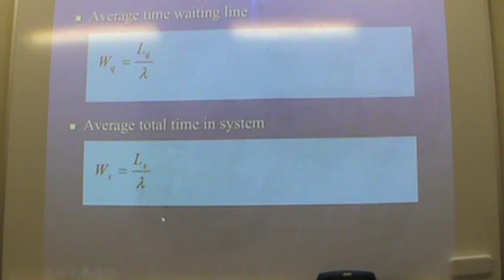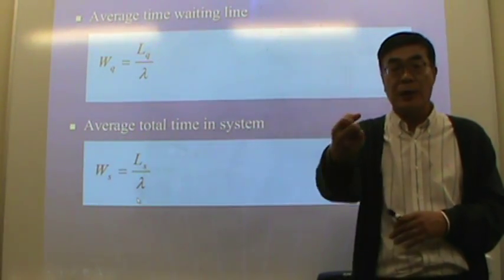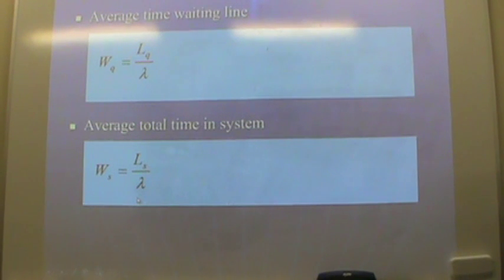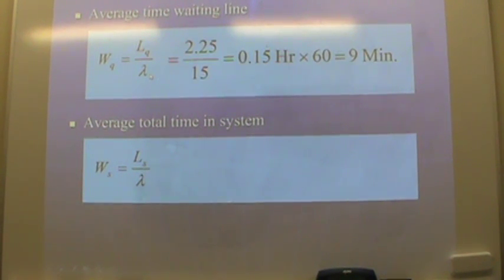And next, average time in the waiting line, how long it takes in the waiting line to get service. Lq, length of queue, how many customers in the queue, divided by lambda, the arrival rate. 2.25 divided by 15 equals 0.15.